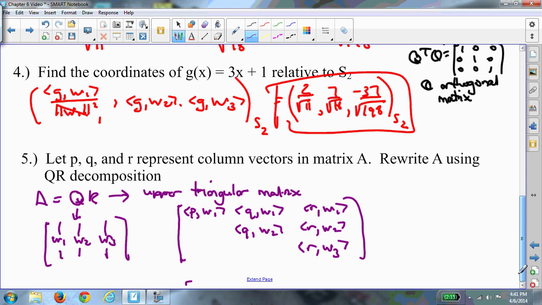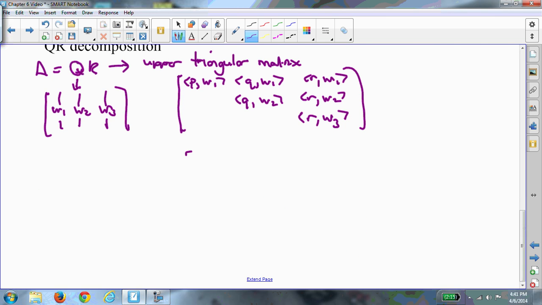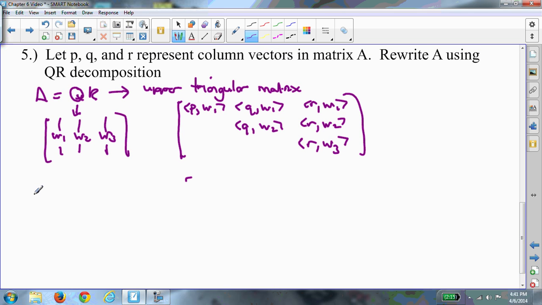So I'll write the QR decomposition for this one. Q in this case would be my orthonormal vectors, which are 3 over square root of 11, 1 over square root of 11, and negative 1 over square root of 11. Then W2 is, remember, over root 18, so this is 1 over square root of 18, 1 over square root of 18, and 4 over square root of 18.